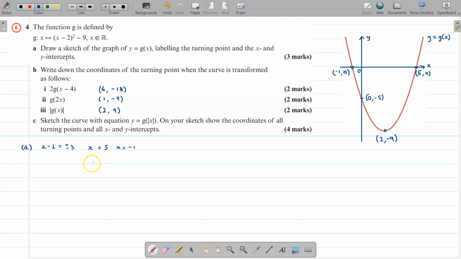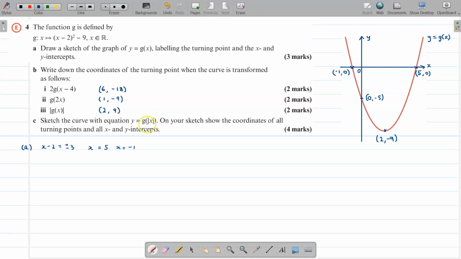Now in part C, we've got to sketch the curve with equation y equals g of modulus of x. That's not the same as what we've just done here. That's effectively a reflection in the x-axis. This one here is a reflection in the y-axis of everything that's on the positive side.